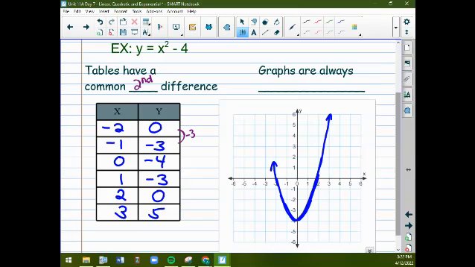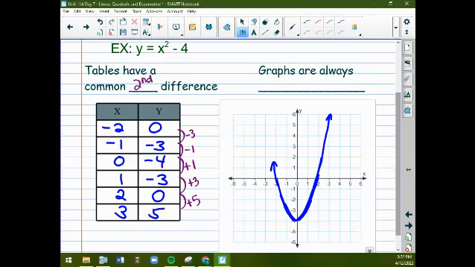From -3 to -4, I'm subtracting 1. From -4 to -3, I'm adding 1. From -3 to 0, I am adding 3. And then from 0 to 5, I'm adding 5.